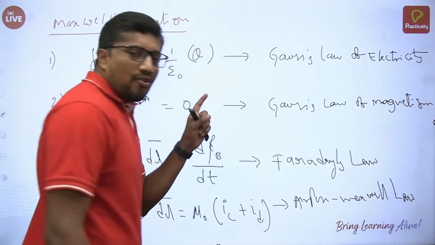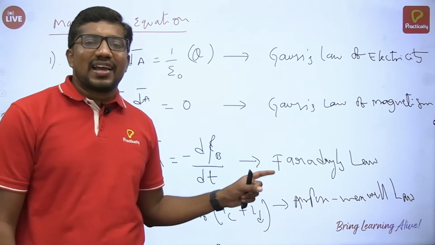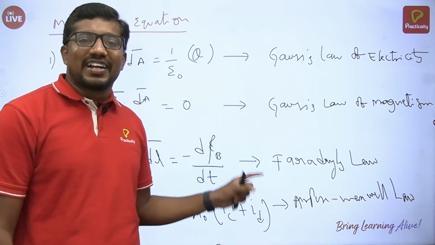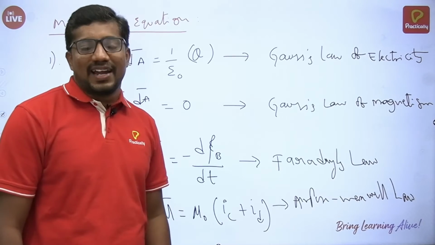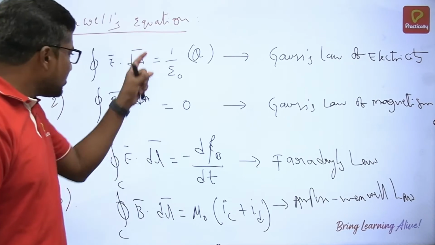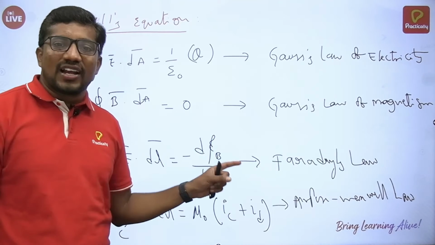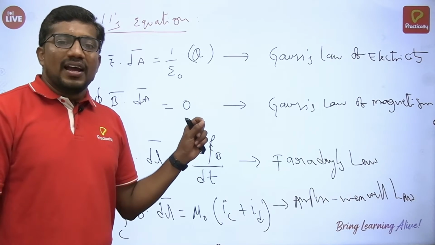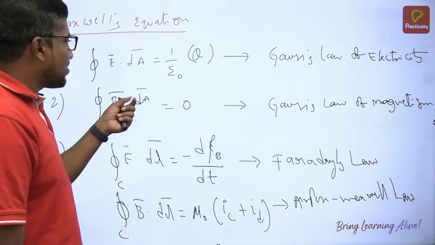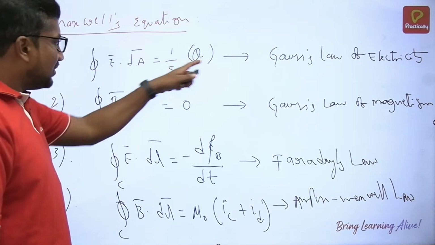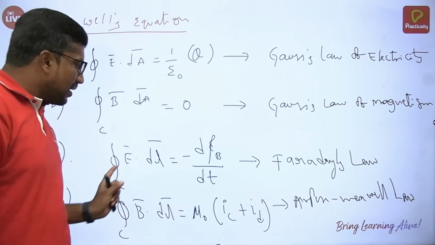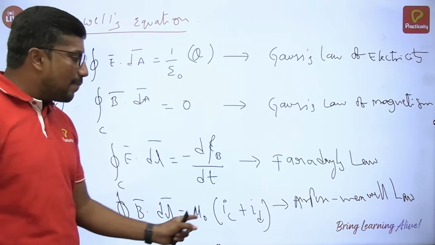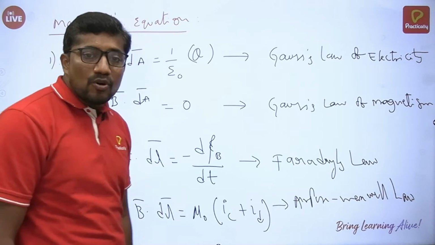So these are the 4 equations which we call Maxwell's equations, and these were developed keeping in mind both electric and magnetic fields. These laws explain the concepts of electromagnetism very clearly and in an understandable manner. Okay, so this is Gauss law of electricity, this is Gauss law of magnetism, Faraday's law, and then Ampere-Maxwell law. This is about displacement current.